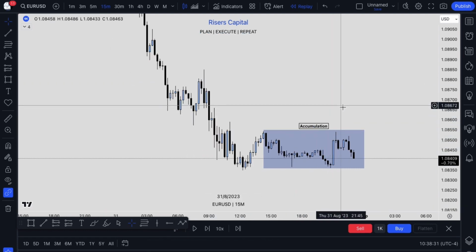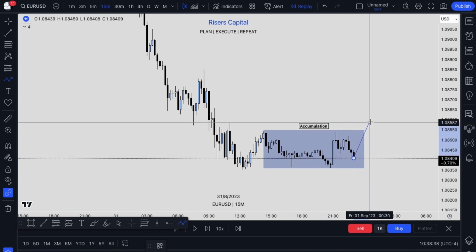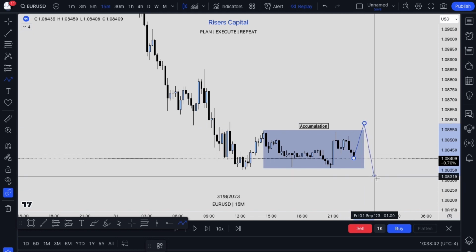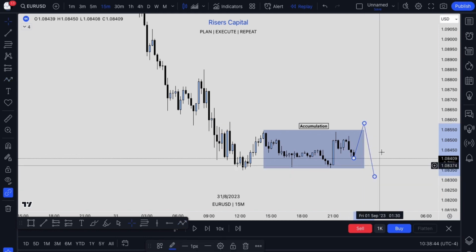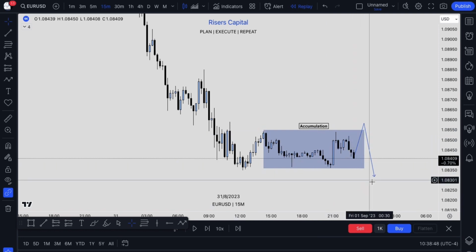Now, what I expect price to do is take out either these lows or these highs. Once price takes out the highs, then I'm expecting price to come down. Now, it doesn't have to take the highs first. It could take the lows first and then go up.